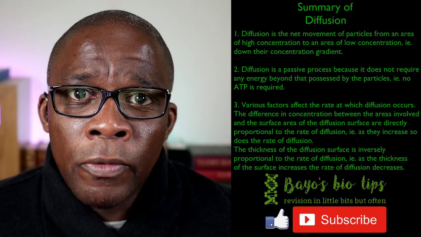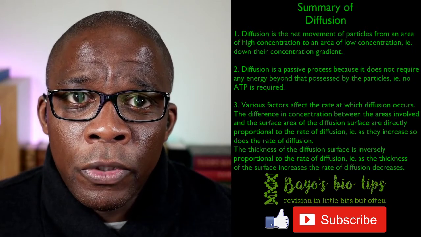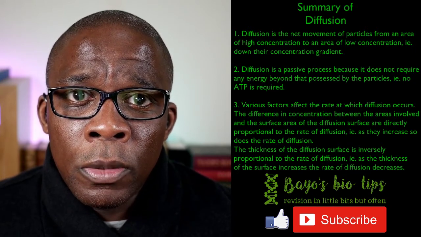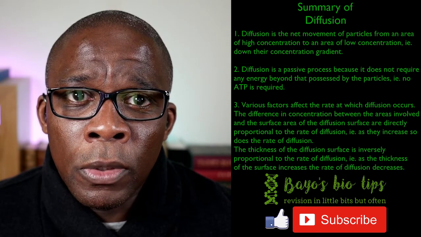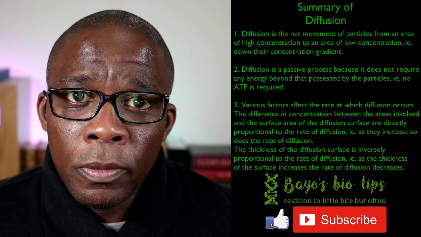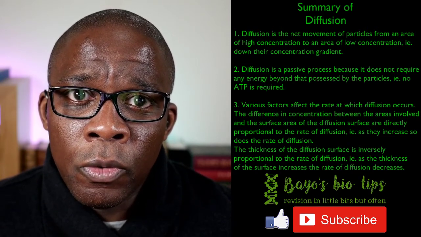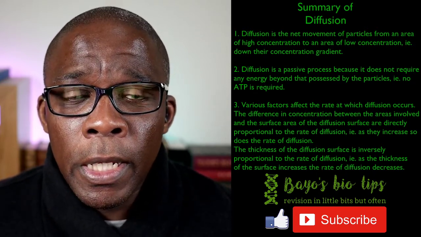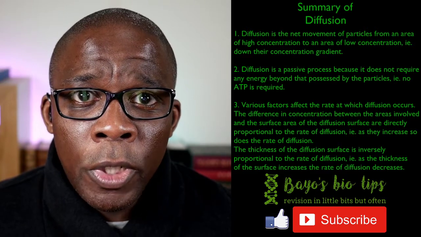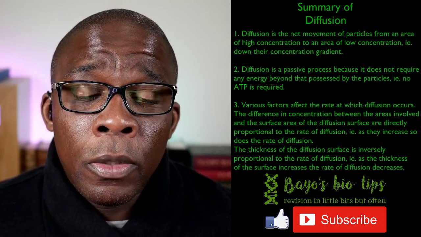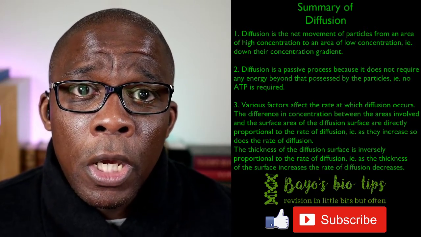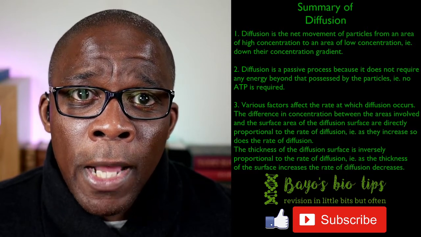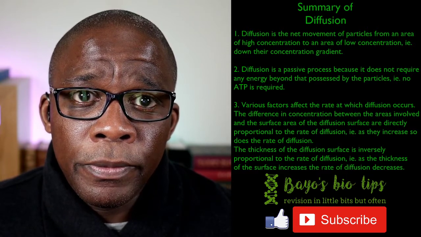Whereas if you have a very thick diffusion surface, because the particles have to travel a longer distance to get across, the rate of diffusion will slow down. All of that is represented in something called Fick's law, which if you go back through the worksheet we've just done, you would be able to find that relationship.